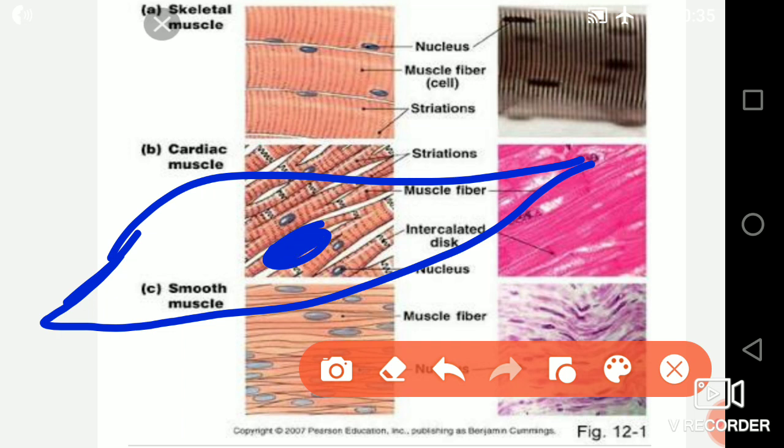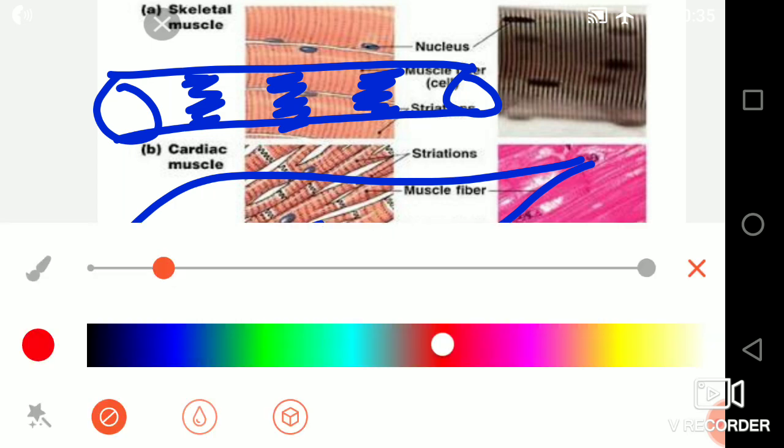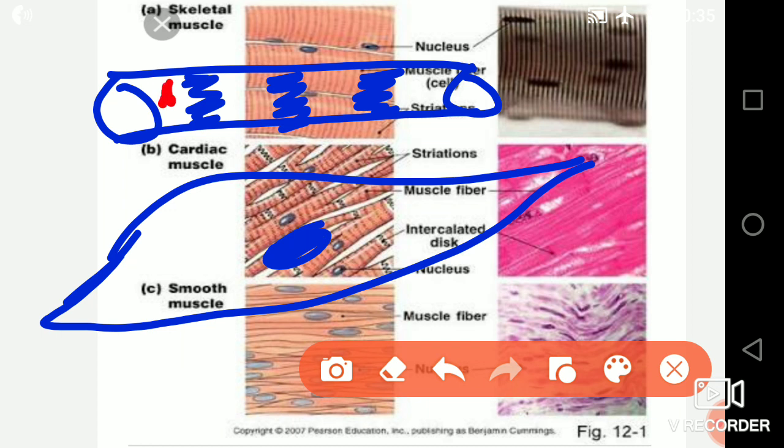But the shape of the striated muscles is cylindrical, having light and dark bands, with multiple nuclei, more than one nucleus. See, it is multinucleated. So this is the difference between the striated and non-striated muscles.